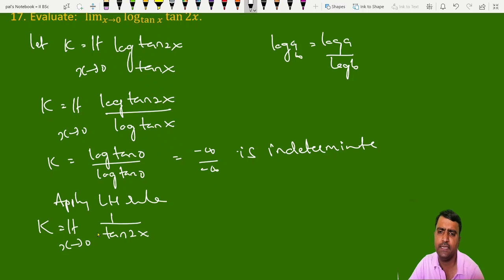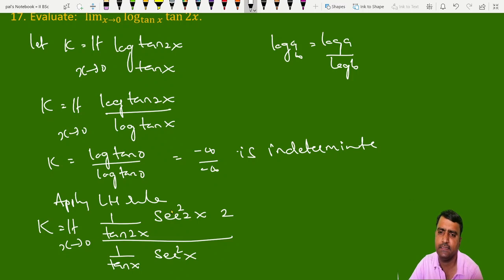Differentiation of tan 2x is secant square 2x. Again differentiation of 2x is 2. This divided by differentiation of log tan x, which is 1 by tan x. Differentiation of tan x is secant square x.